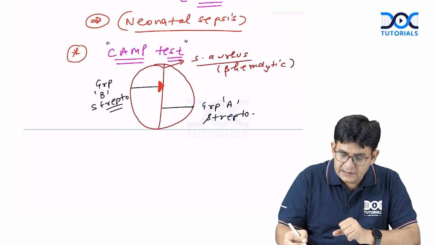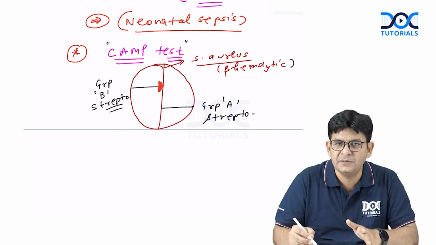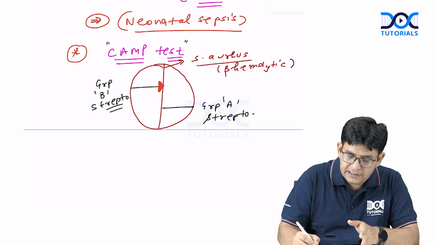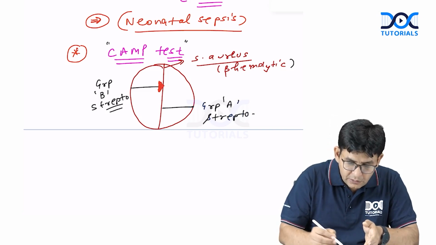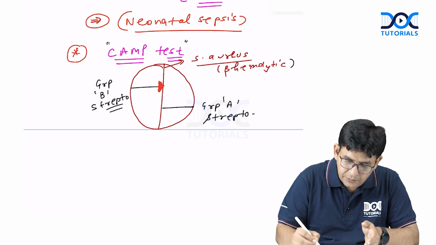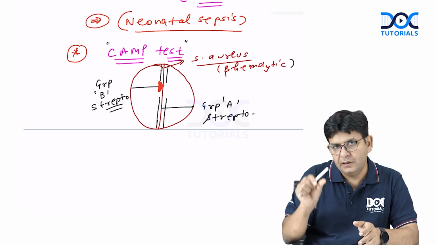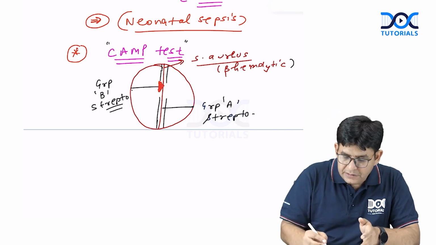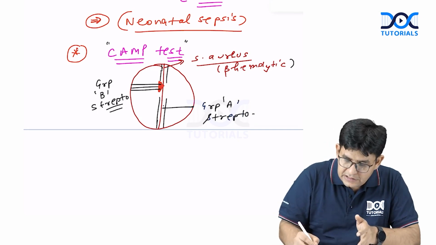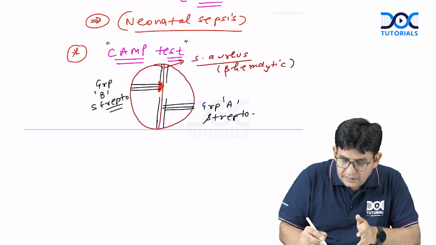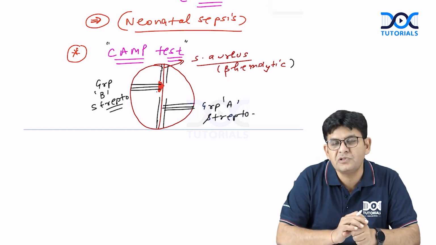The CAM test was devised by 4 scientists: Christie, Atkins, Munch, Peterson. What they saw is that in the center, when you do the streak of Staph aureus, beta hemolysis around this particular streak will be shown like this. What happens in group B strepto? This one also comes like this, and this one also comes like this, but the hemolysis enhances whenever this touches this particular streak of Staph aureus.